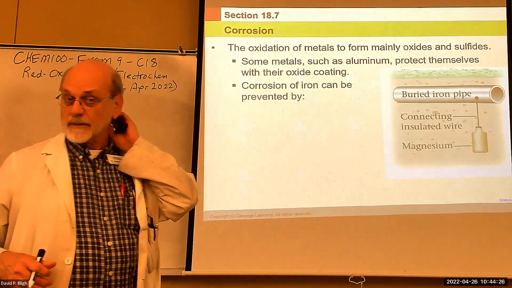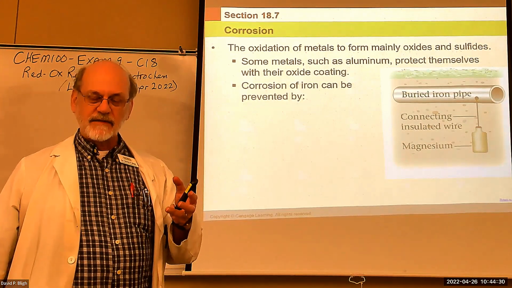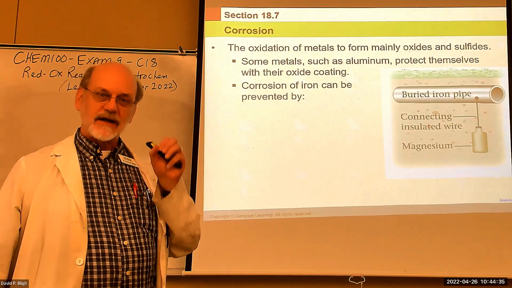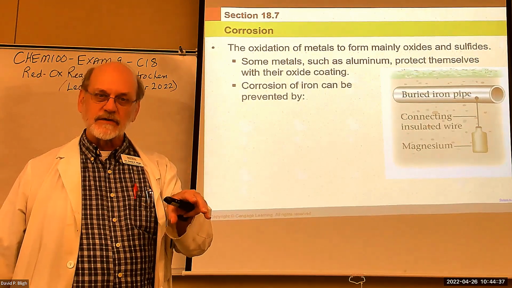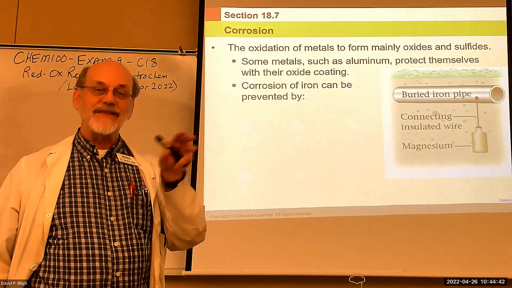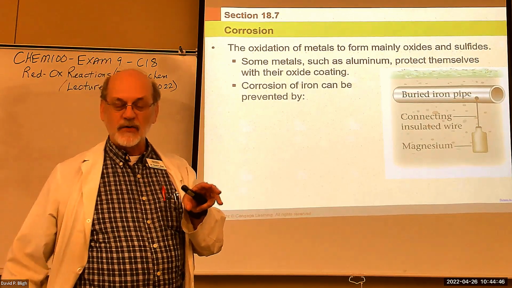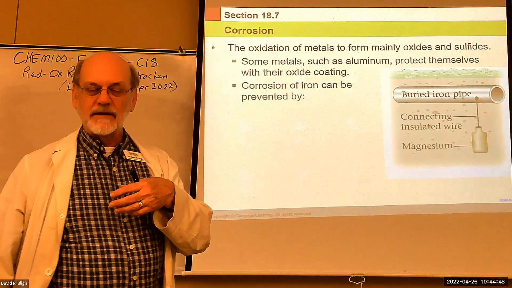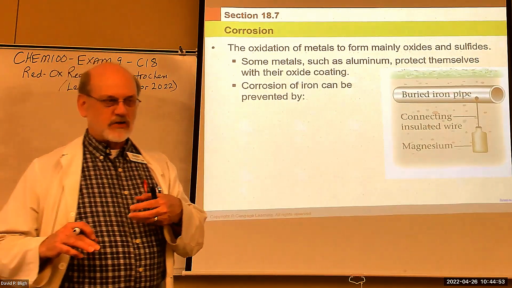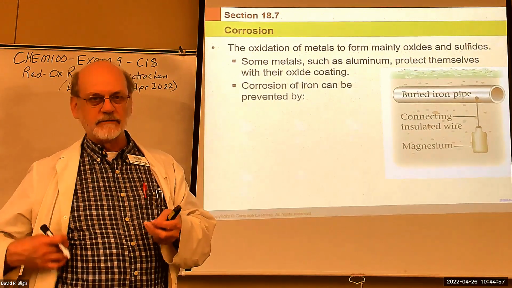If the engines are running on the ship, then it trickles a direct current, a direct charge, electrons, into the zinc. And that keeps both the zinc and the iron in the steel hull from corroding, as long as the engines are running. But when they're docked, the zinc does its job and usually doesn't corrode very much because the ships are only in the dock for a day or two.